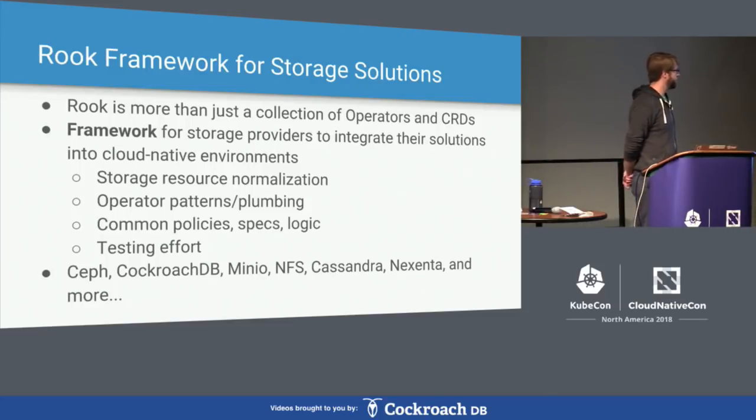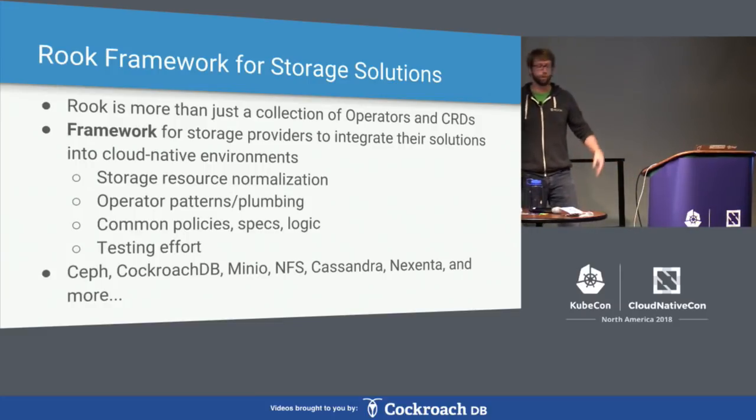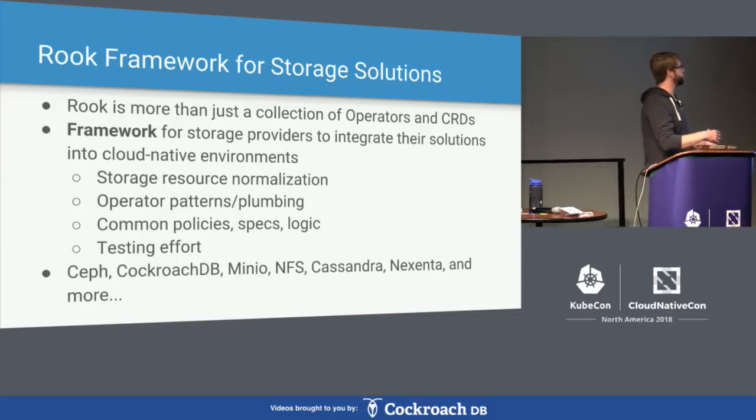People have been using it in production already. That was actually one of the requirements for graduating the Rook project to the incubation level with the CNCF. But now we're more encouraging of that because it is stable. We're saying that the API is now stable. But in addition to Ceph, we have this framework that enables other types of storage systems to integrate themselves into Kubernetes.